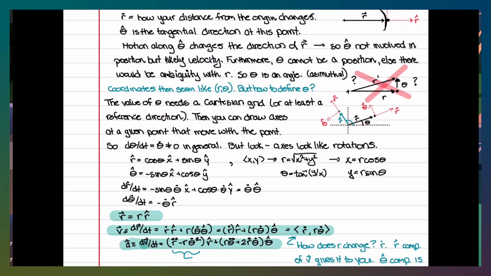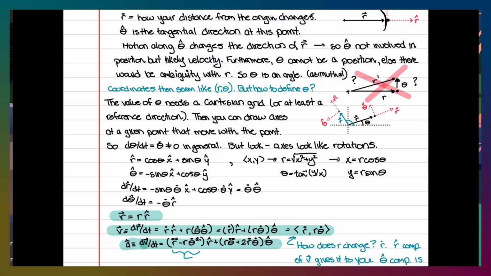The only thing we have to be careful about is that since these axes move with the particle, time derivatives don't necessarily vanish. And again, you do not need to necessarily have circular motion. I could use polar coordinates for any motion, right? I could be traveling in a straight line and write it in polar coordinates.